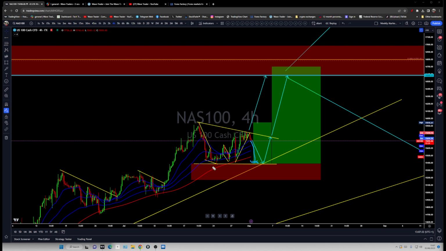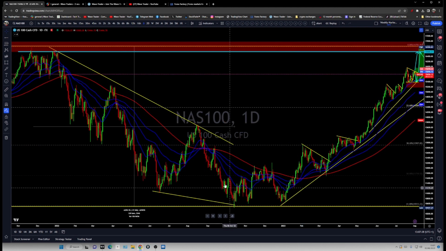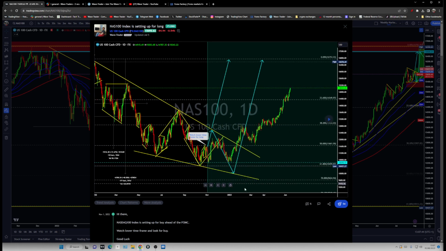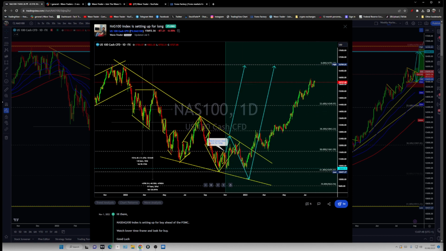So this is the place. Let me pull out slightly. The bigger picture is still the same: we are expecting this to tag that all-time high. This hasn't changed yet, and we are still far away. So what is happening at this area on the 4-hour time frame?